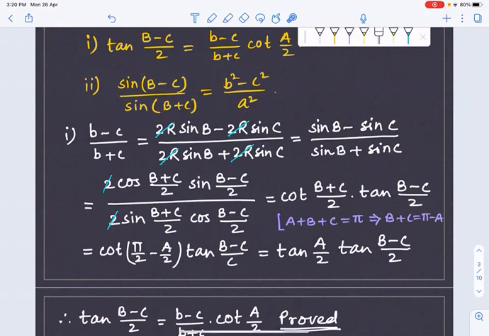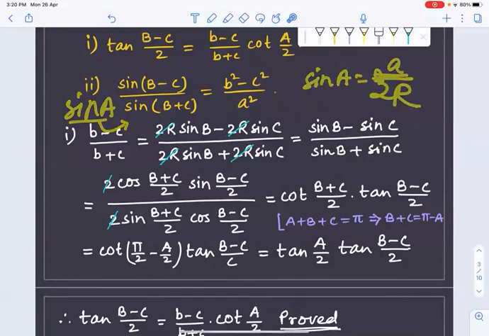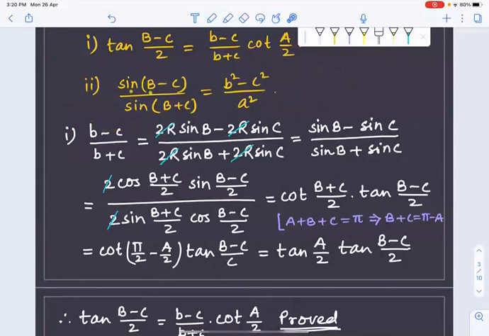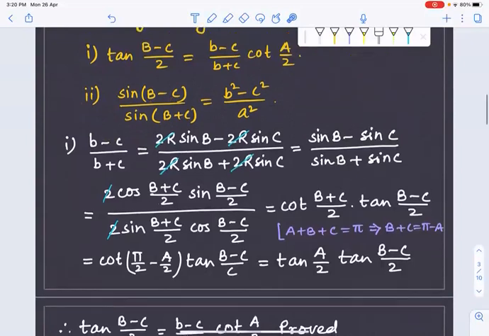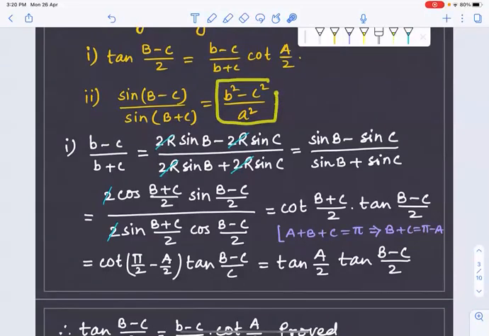So if I had sine a, I can write 2r a by 2r. If I want to express angle in terms of side, I have already said that, but here there is no sine a or sine b like that. If I break it into sine of b minus c, then sine b will come, but along with it a cos c will come. We do not know what to substitute in place of cos c, so we will try to again start with the sides and convert it in terms of angle.